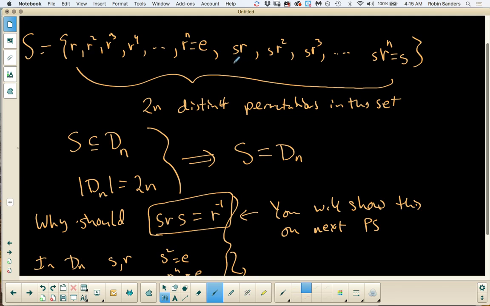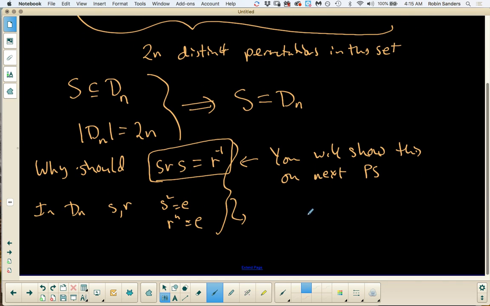Remember, all of our elements are written as first do the rotation, then do the flip. Well, if I wanted to say what element is first do the flip and then do r cubed, I can think of that as certainly being s r cubed s, because s is just e.